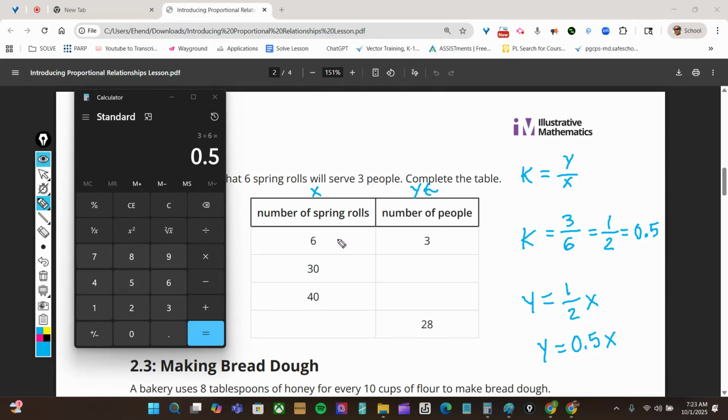So times half, times half is 15, times half equals 20, and we'd have to divide this by 2, or times 2.